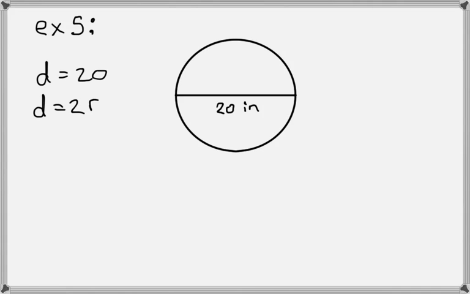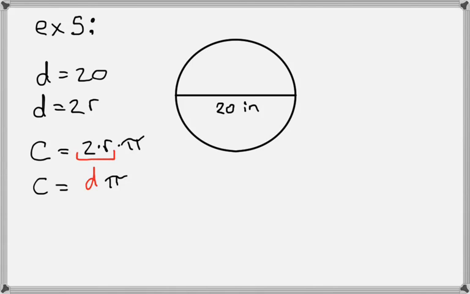And what was our formula for circumference? Our circumference was 2 times the radius times pi. So if we look at this, that 2 times the radius could be substituted with just the diameter. So we still have the information we need. 2 times the radius is just the diameter, and then times pi.